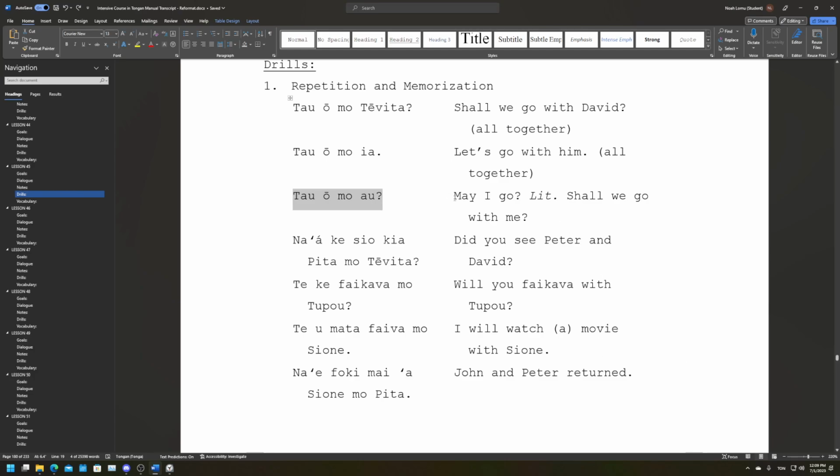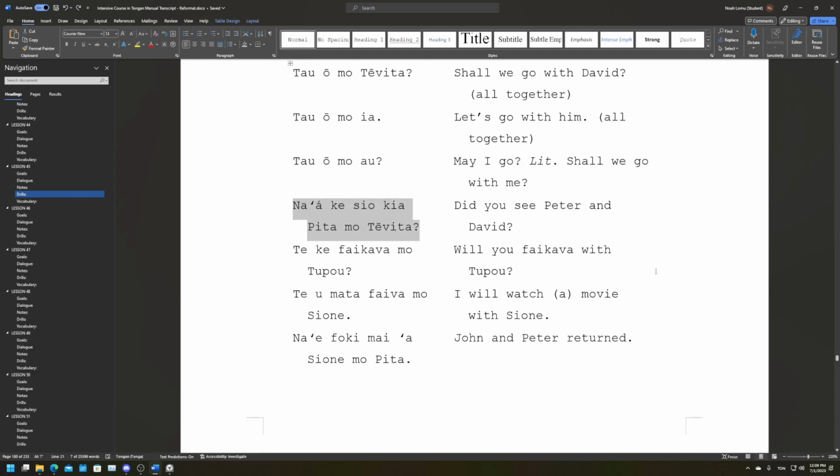Yeah, so that you can see the translation a minute ago. Mhm. Takesiuki et pita mo devita. Mhm.